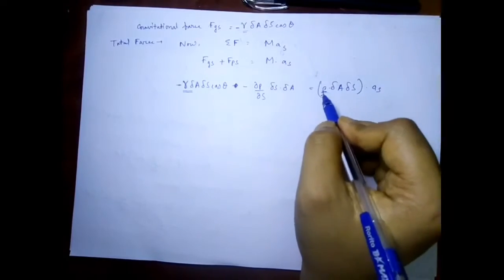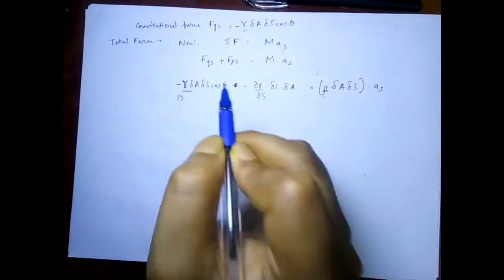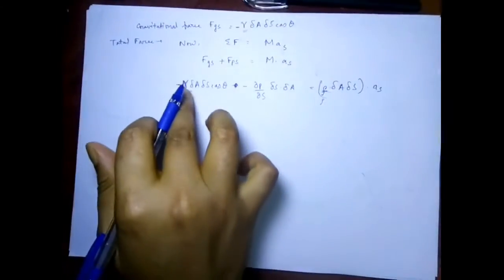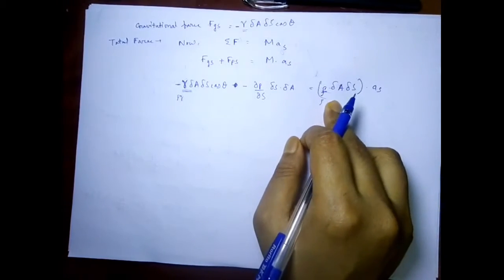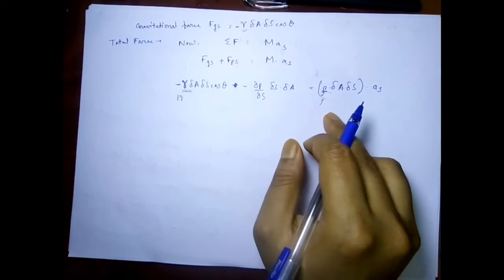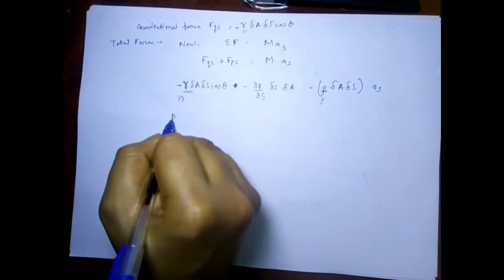The difference is that gamma is rho times g and this is simply rho. In weight I am including the gravitational acceleration, but for mass I am not.